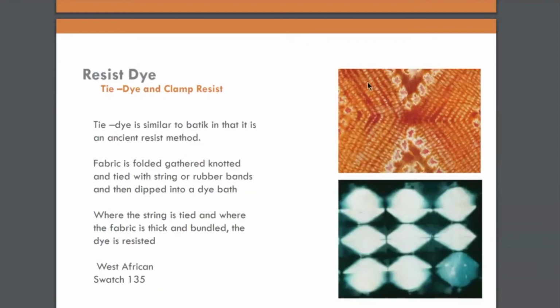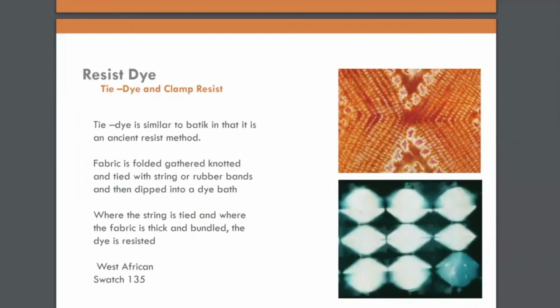This is a resist dye technique where tiny little knots were tied into the textile before it was dipped into dye. And then you unwind some of it and you dip it again and you get these very intricate effects. So knotted, tied, and clamped.